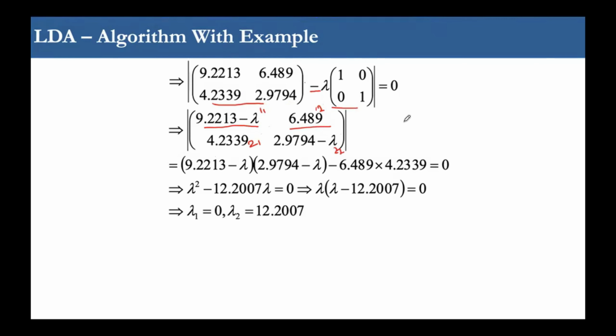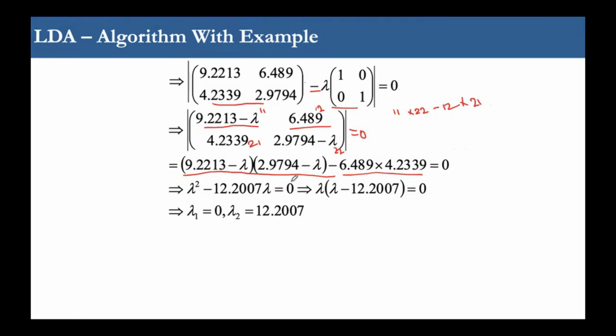How do we find the determinant of a matrix? It is 1 1 into 2 2 minus 1 2 into 2 1. This is how we find the determinant, and that's how we get this equation, which is equal to 0.